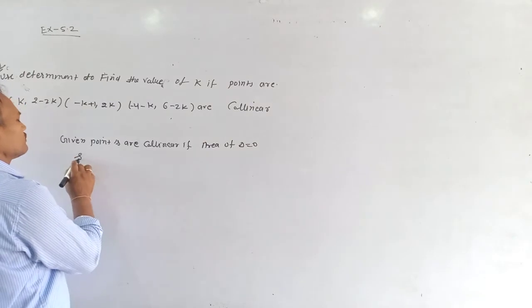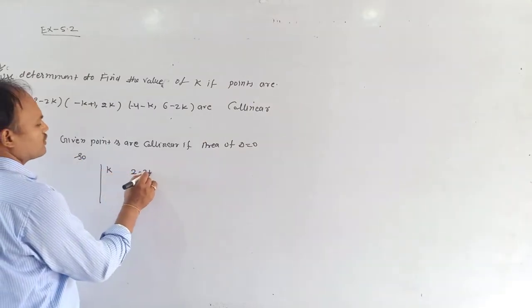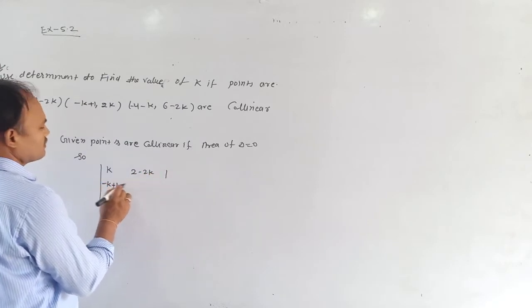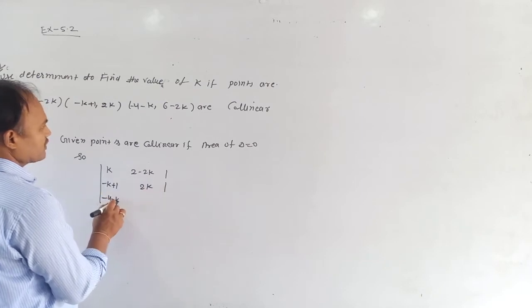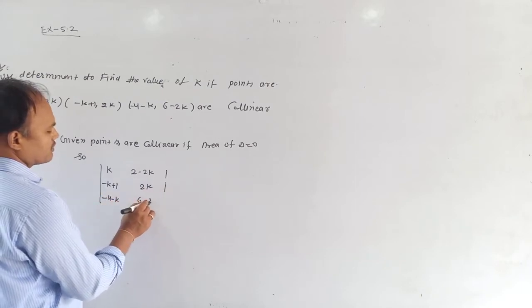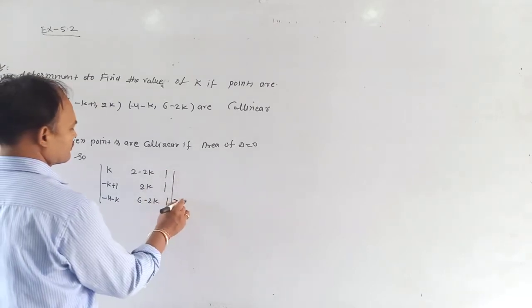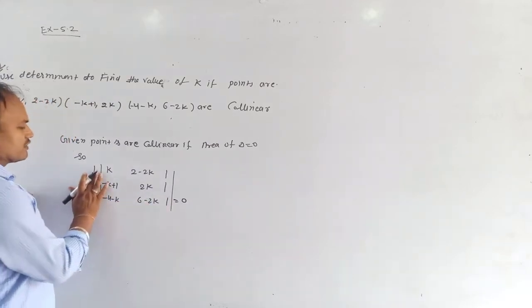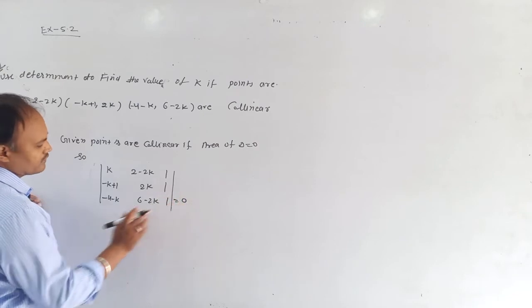So it is the determinant with rows k, 2 minus 2k, 1; minus k plus 1, 2k, 1; minus 4 minus k, 6 minus 2k, 1, equal 0. Take 1 by 2 to other side, so it is 0.